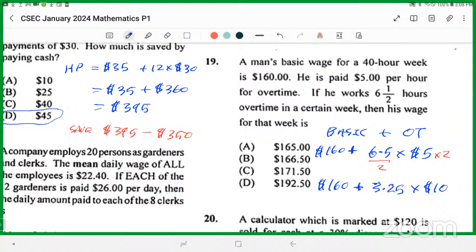Half of the 6 is 3, half of the 0.5 is 0.25. Easy numbers to work with. And so when I multiply this by the 10, this becomes 32.5.